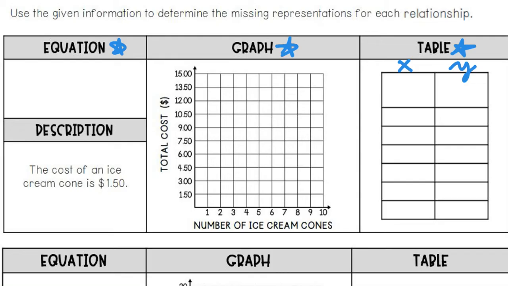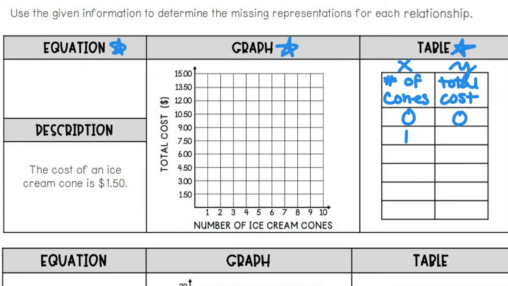My input is my independent variable, is my number of cones that I'm buying. And my y is going to be my total cost, because we talked about total cost is normally your dependent variable. So if I buy 0 ice cream cones, I have to think, how much money am I going to spend? If I buy 0 ice cream cones, I'm going to spend $0.